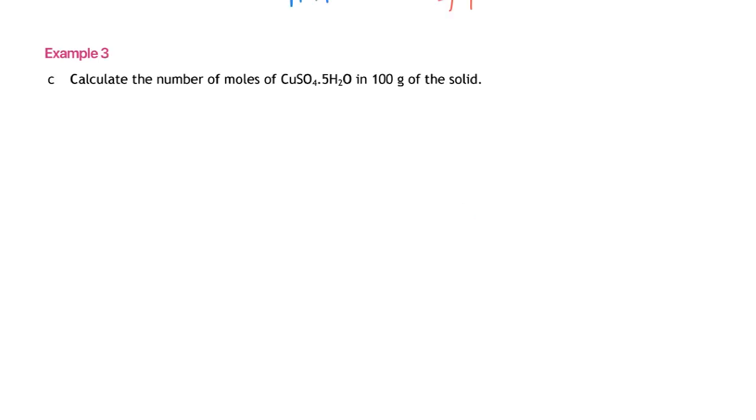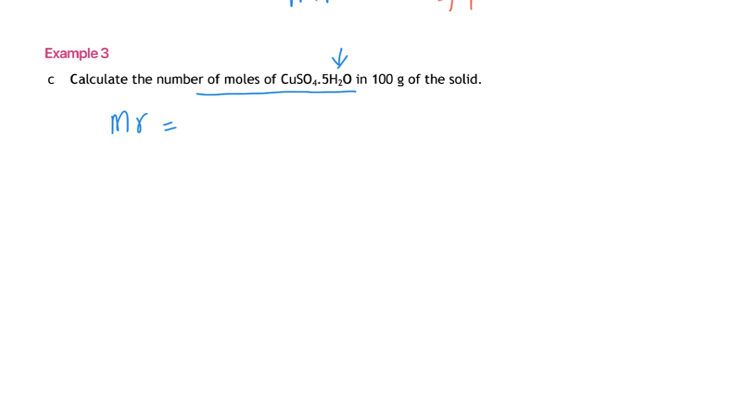For our next question, we have to calculate the number of moles for copper sulfate hydrated, or 5H2O, in 100 grams of solid. No biggie, right? The MR for copper sulfate, we went over this, is going to be the MR for copper sulfate, then add 5 water molecules to it, because it has 5 water molecules.